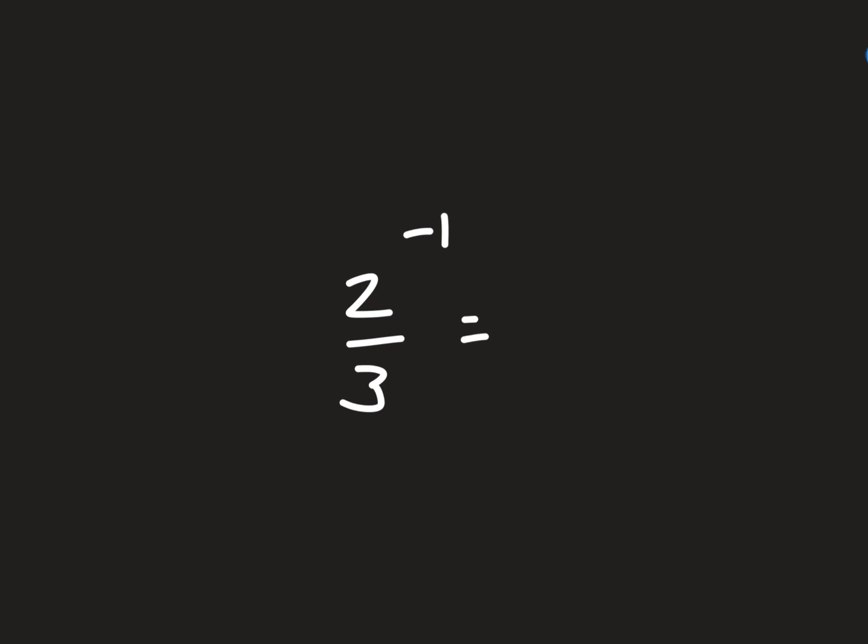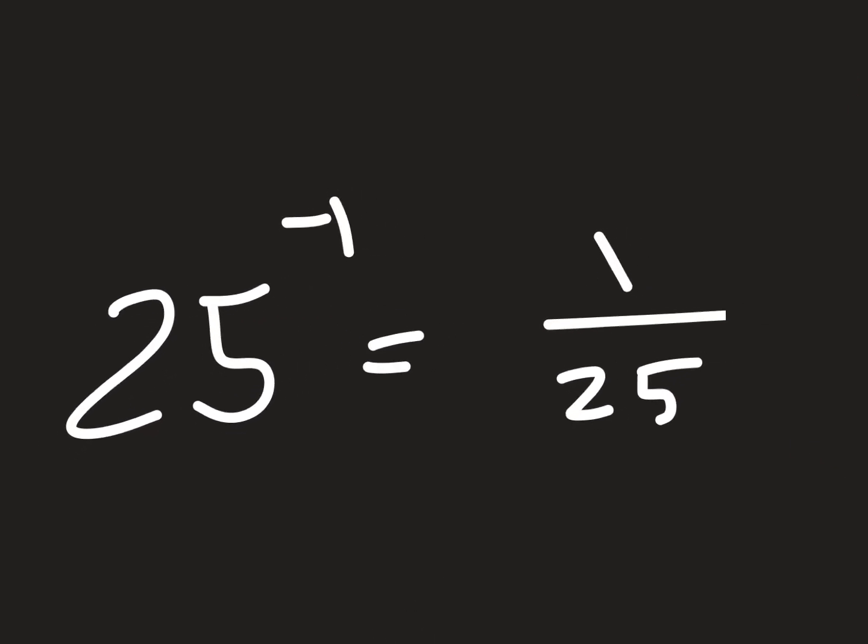That is a good guess. 3 over 2 was correct. It just flips it over. So negative 1 in a power is like you flip it over. And you might be like, well, that's different than the last one because that didn't flip over. Well, it kind of did flip over. Because if I put this over 1, you can always put something over 1 if you want. Then it just flipped over.